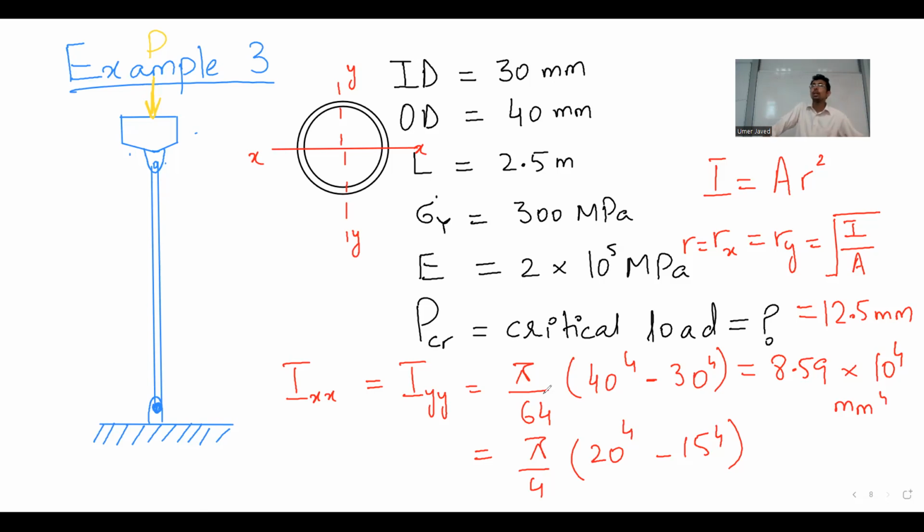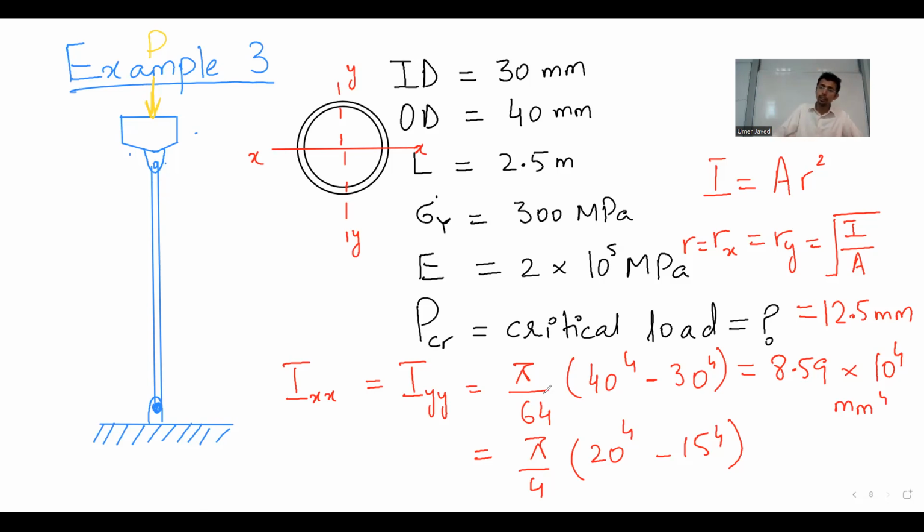Similarly, if you write the polar moment of inertia formula in the form of radii, it is pi by 2 into C power 4, that is radius power 4, or for hollow, pi by 2 into R2 power 4 minus R1 power 4, or R naught power 4 minus Ri power 4. But when it comes to simple moment of inertia, that is 50% of that value.